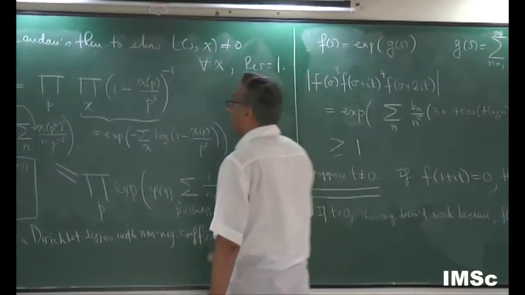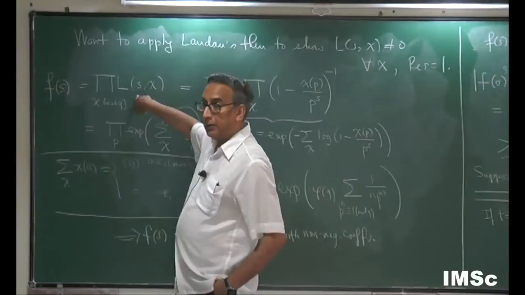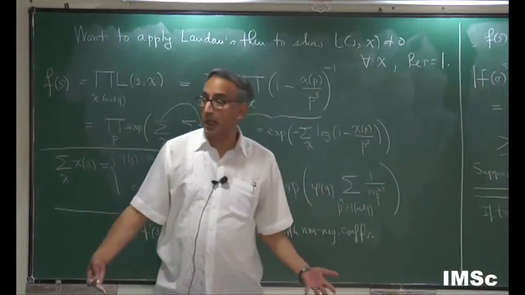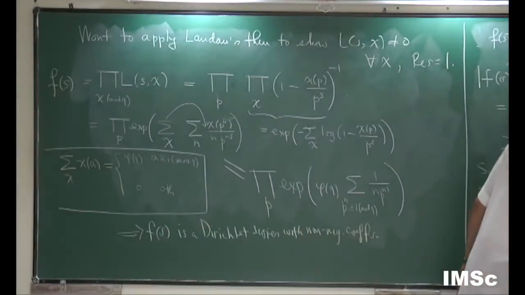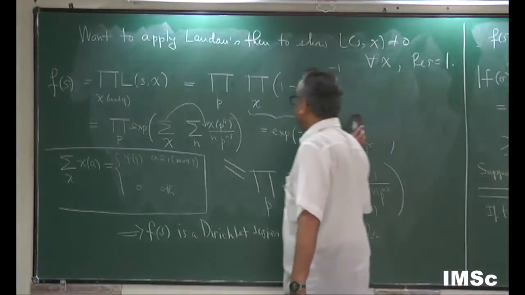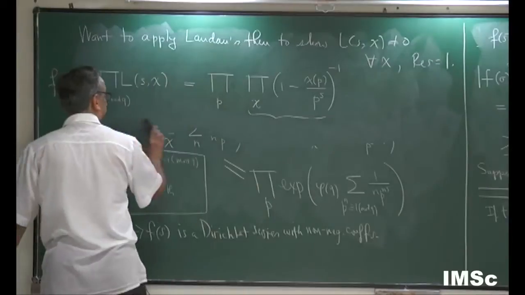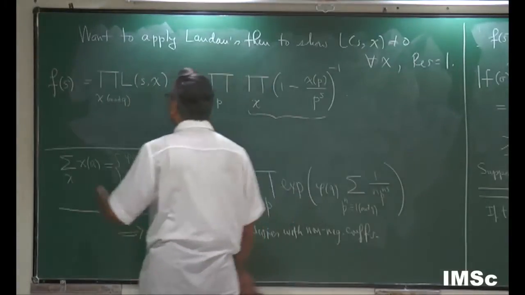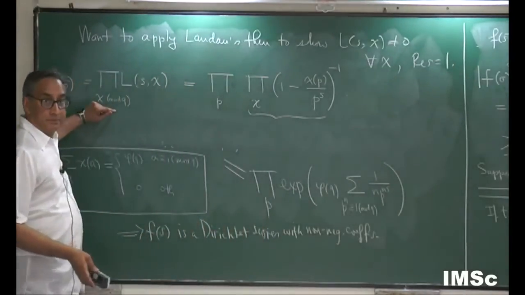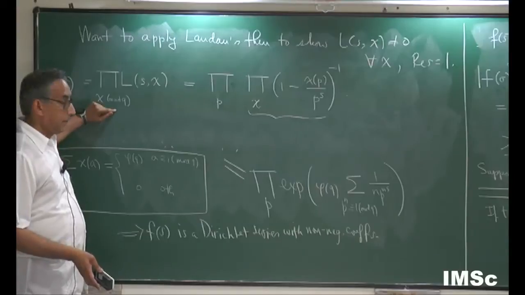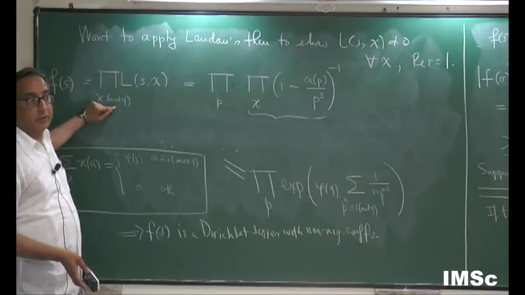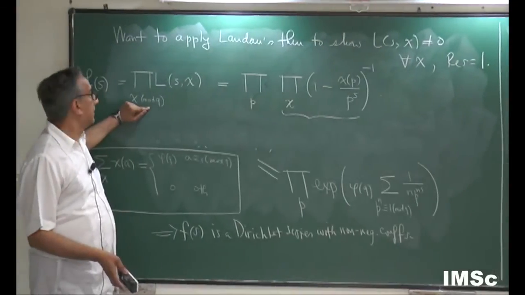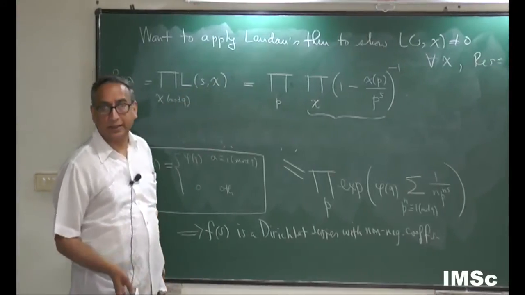Well, in that case, you want to show L(1, chi) is not 0. Okay, so if L(1, chi) were 0, then what happens in this product? In this product, the pole at s equals 1 coming from the trivial character is eliminated by the 0 from L(1, chi).